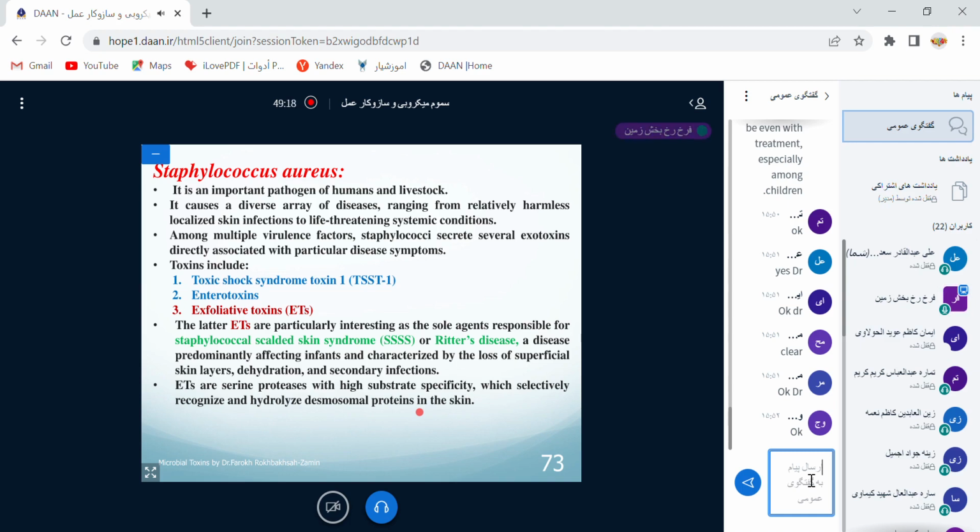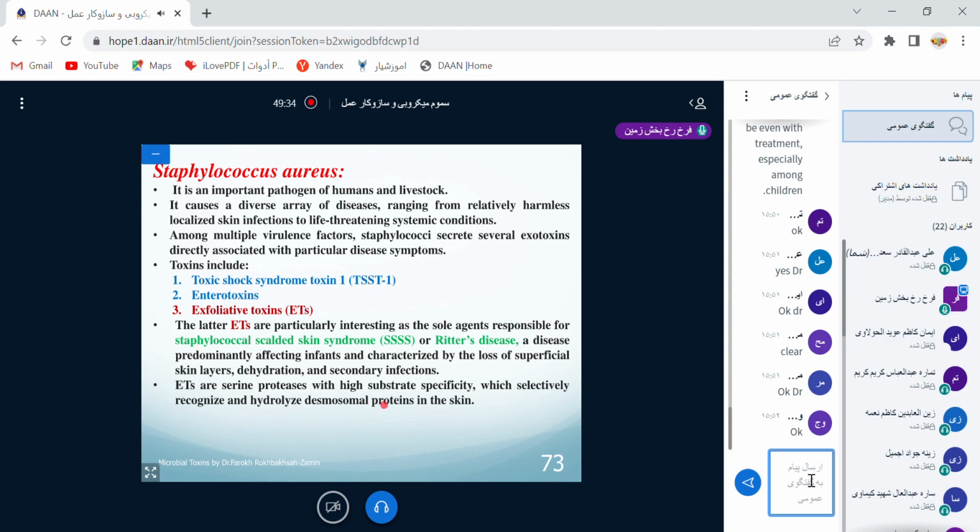So, number 1, we never forget that exfoliative toxin attacks desmosomal proteins in the skin.